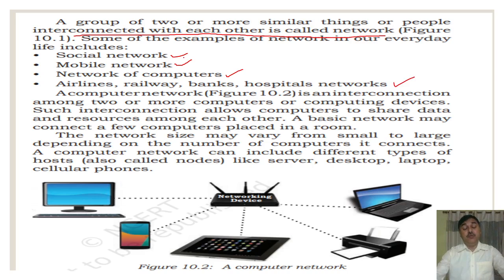A question can come: suppose you are talking in a WhatsApp group, what pattern of networking system is it, and why? You will say that this is a social networking platform. Why? Because we are working on social sites, and we are able to connect many people from different parts of the world.